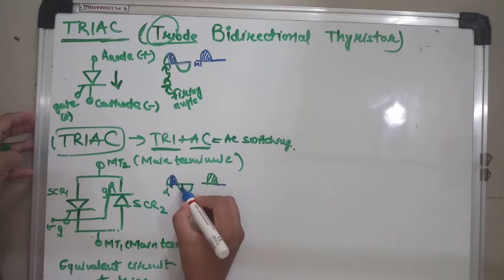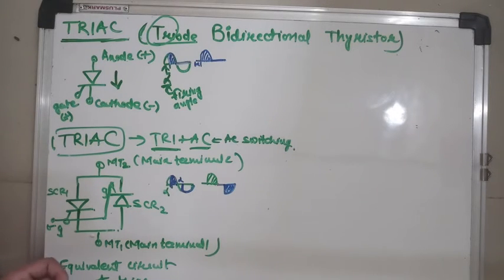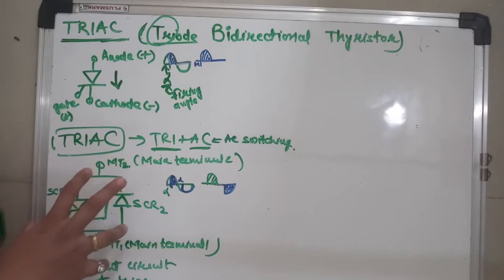So at an angle of alpha during the negative half cycle, again you will get the output, like this. So during both half cycles, positive and negative, you get a controlled output by using two SCRs connected inversely parallel, that is, anti-parallel. That is the benefit of the triac.